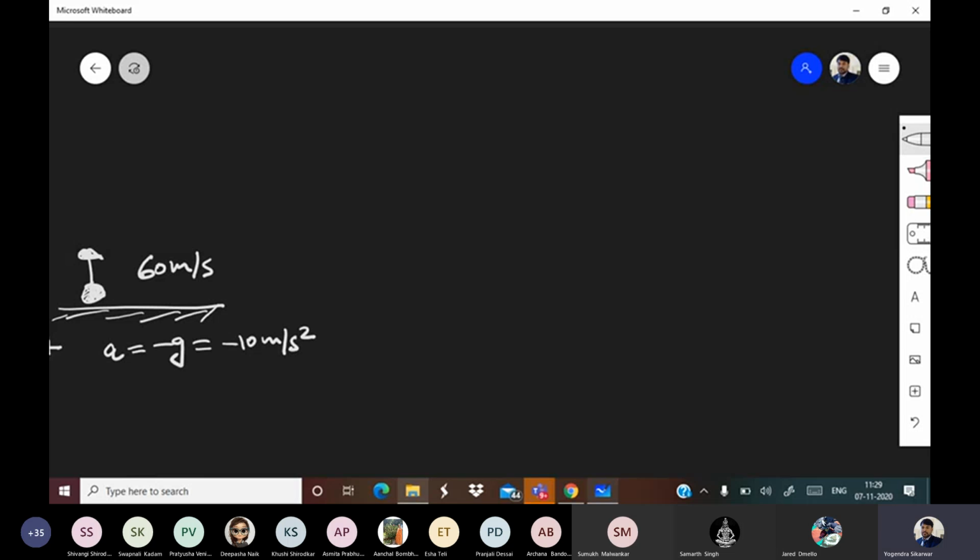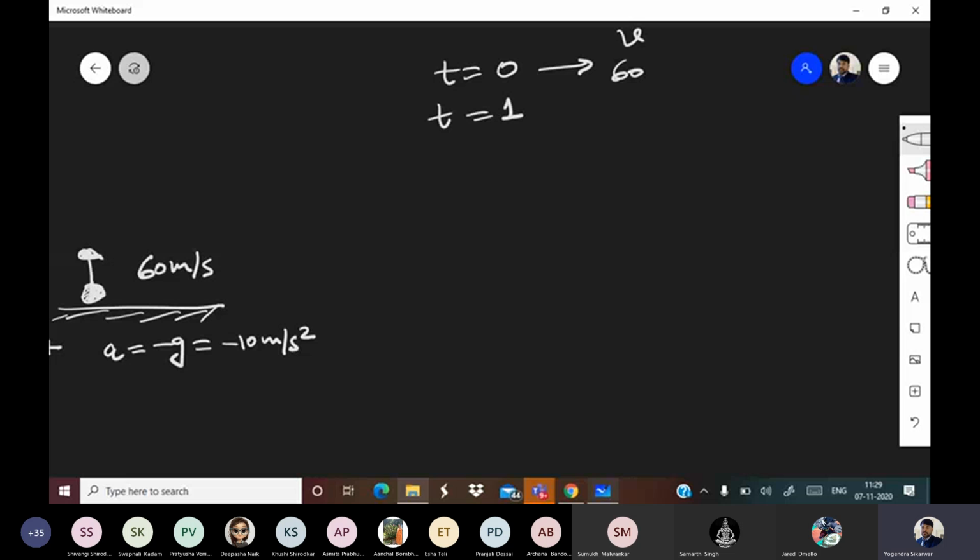So pay attention. At t is equal to 0, how much is velocity? 60. So at t is equal to 1, how much should be the velocity? It should be reduced by 10, so it should be 50. At t is equal to 2 seconds, what should be the velocity? Further reduced by 10.